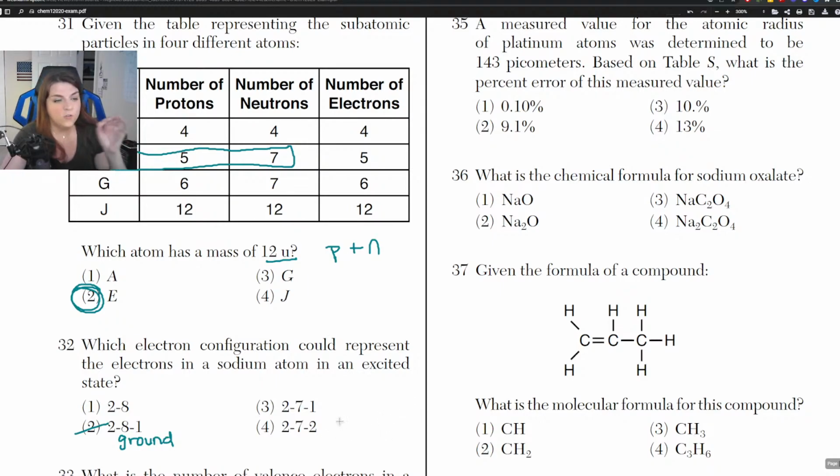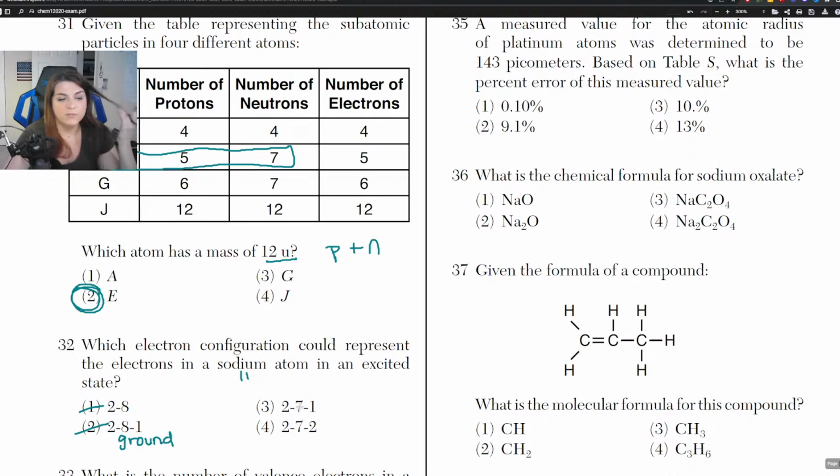We are looking for a case where electrons left a lower level and jumped to a higher level, but did not leave the atom, because then it's just an ion. So in choice 1, we have lost an electron, because sodium is supposed to have 11 in total, and this only has 10, so that's not the answer. Again, in choice 3, we have just lost an electron.